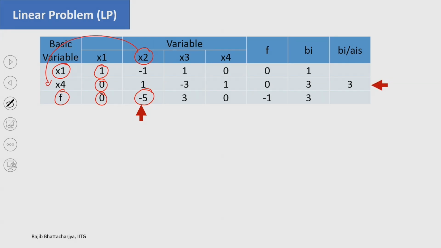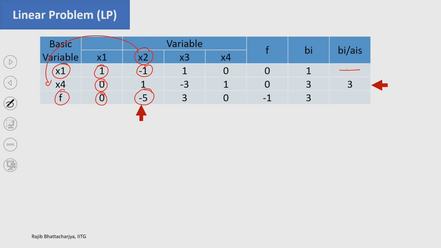So, what we will do basically is calculate the ratio between b i by a i s. So, here the coefficient of x 2 in the first equation is negative. So, therefore, we will not calculate that one, because if we consider that one, that actually will be an unbounded solution anyway.